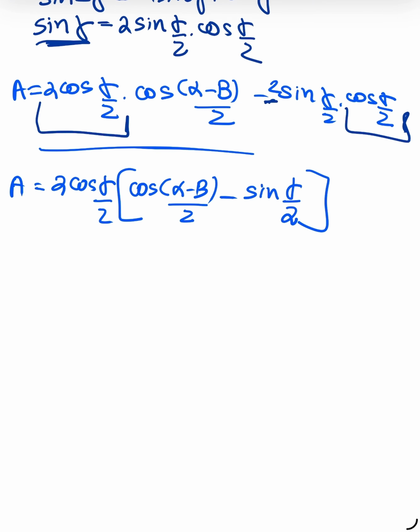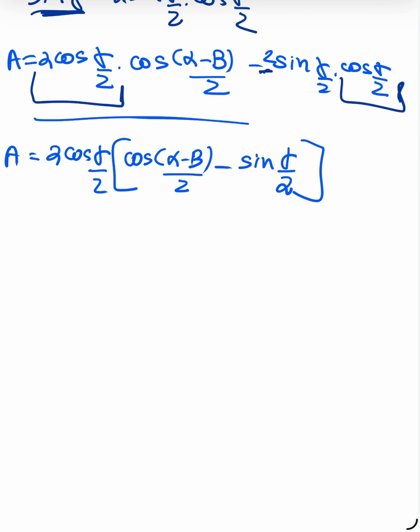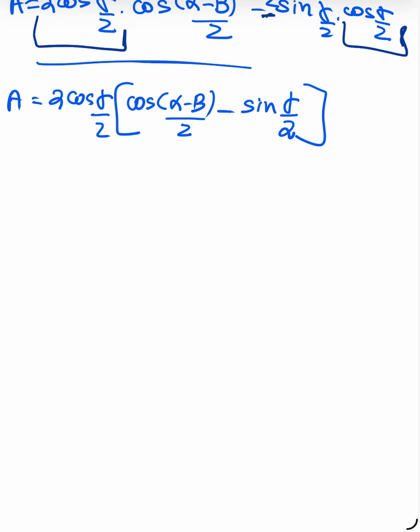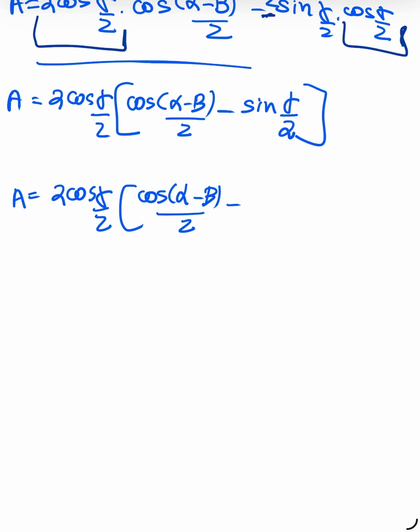And now we are using the properties again. So we have A is equal to 2 cosine gamma divided by 2 times cosine alpha minus beta divided by 2, and we can present sine gamma divided by 2 with gamma equal to 180 degrees minus alpha plus beta. This is another way to present it because we are working in a triangle and we are allowed to do this.